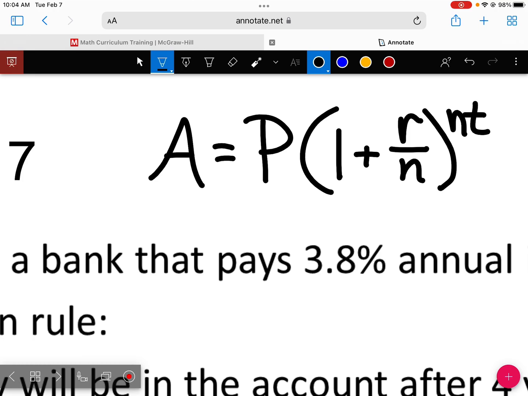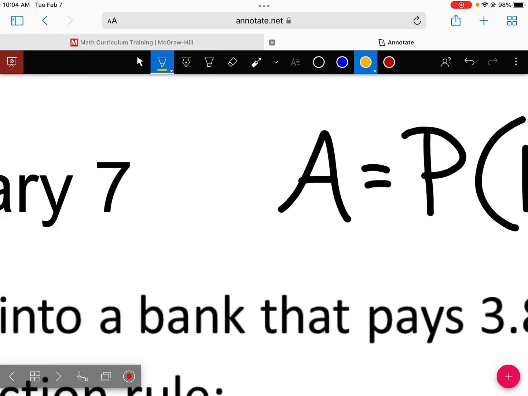Does anybody remember what that capital A stands for? What does that capital A represent? What did you say? Annual interest. Our interest is going to be part of the formula, but that's not what the A stands for. The amount, yes.